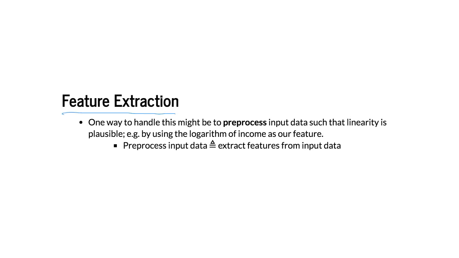Feature extraction means that the input data is somehow preprocessed. So instead of using the raw input data, we use some features derived from this data. For example, we can use the logarithm of income as our feature. Instead of using income, we use the log of income. That's an example.